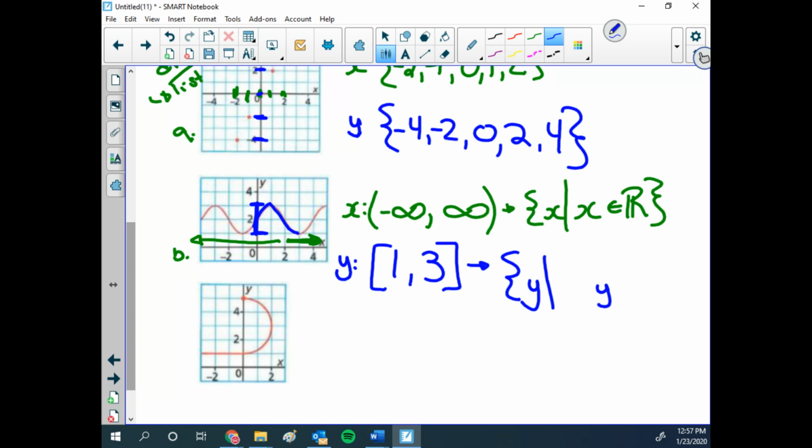Both arrows are going to point to the left. I'll put the lower number over here, which is 1. Can I equal 1? Yeah, we said it touches that, so I'll put the equality sign under there. Then I'll put the higher number here, which is 3, and I can also equal that number. So comma, y, element of R, saying I can be every number in between 1 and 3, equaling 1 and 3.